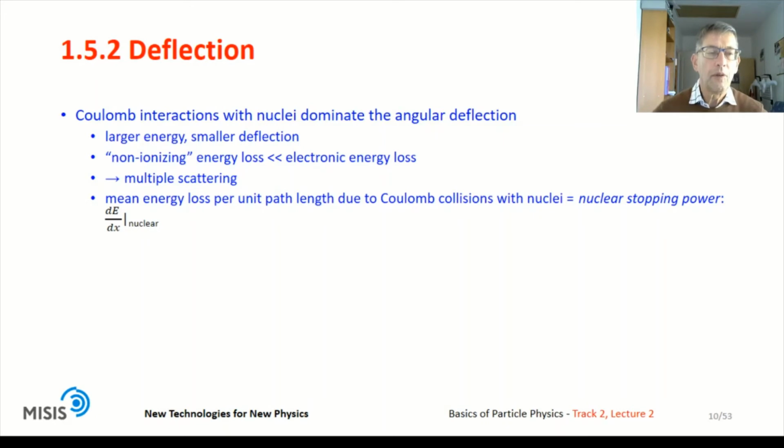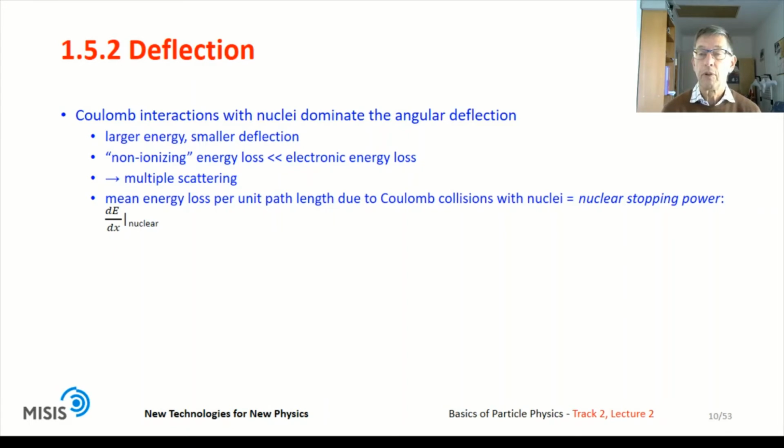Then if you look at the deflection, this is an interaction with the electric field of the nuclei. Here, if the energy is large, the deflection is small. But if the energy is not so large, the deflection will be larger. However, the energy loss, mainly from the recoil of the nucleus, which is called the non-ionizing energy loss, will cause multiple scattering.